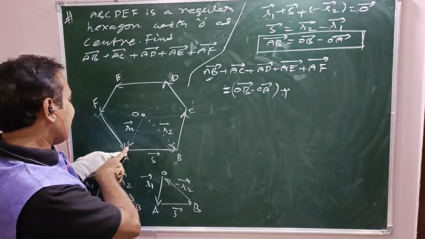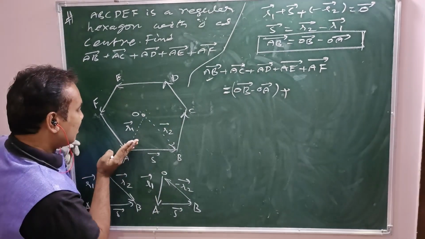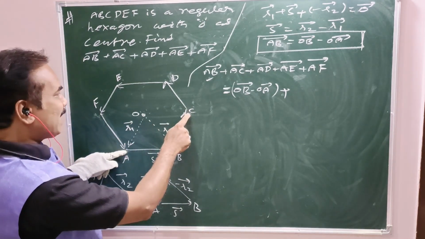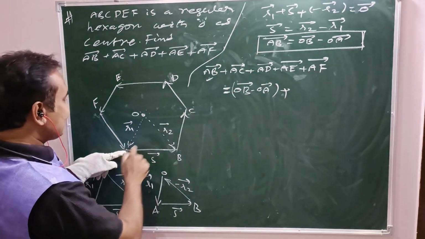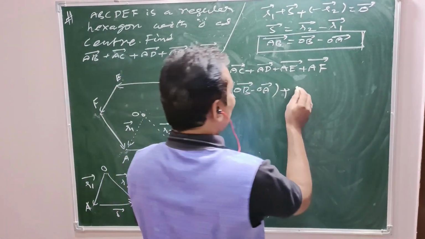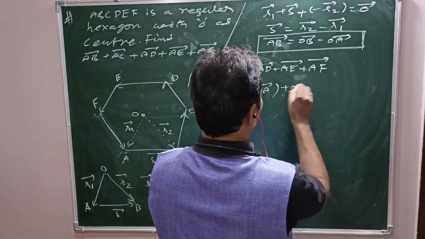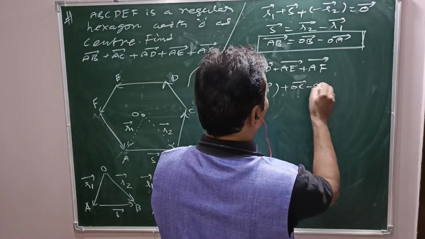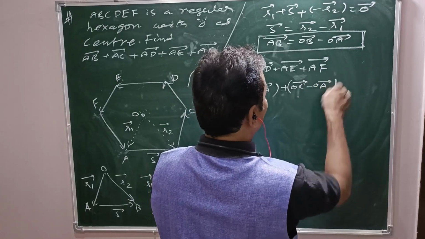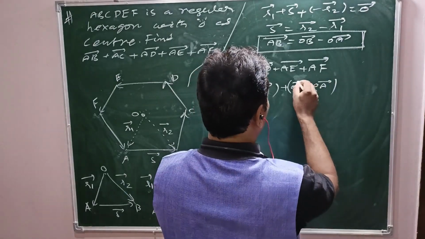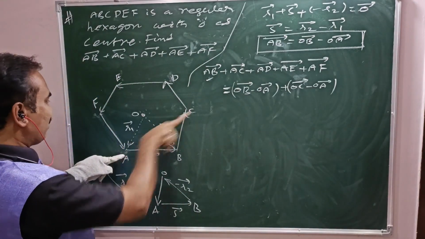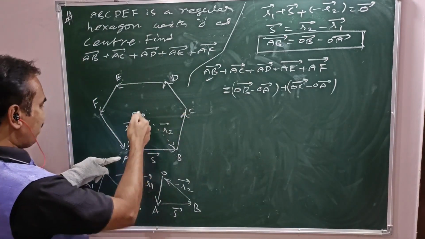From that relation, AC bar equals OC bar minus OA bar. Right. So AC bar equals OC bar minus OA bar.